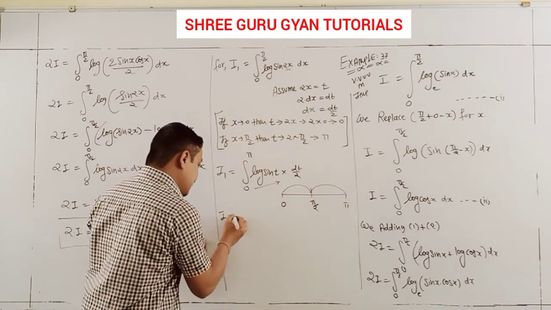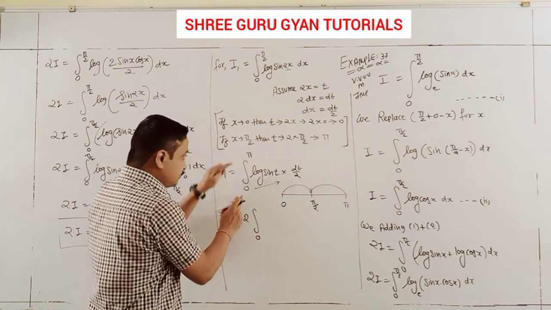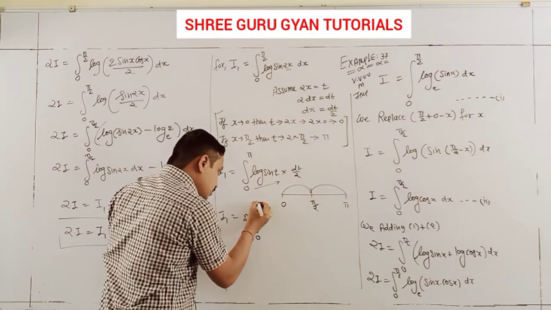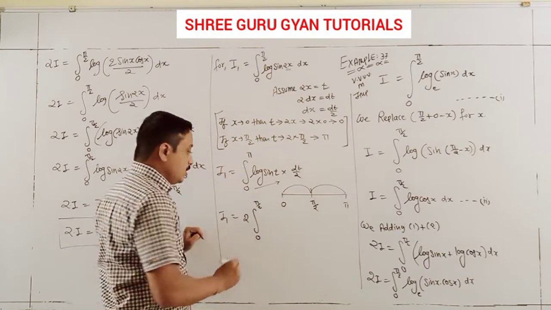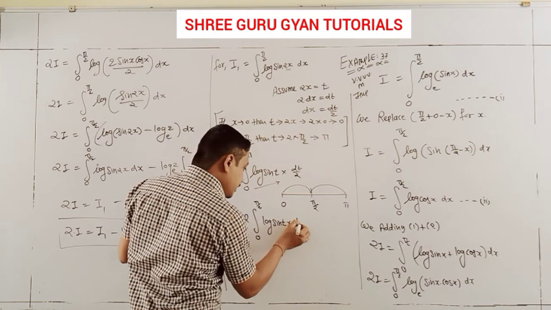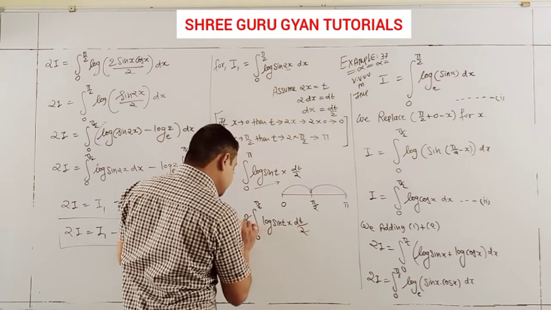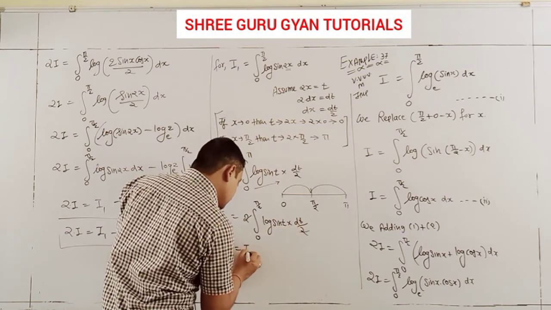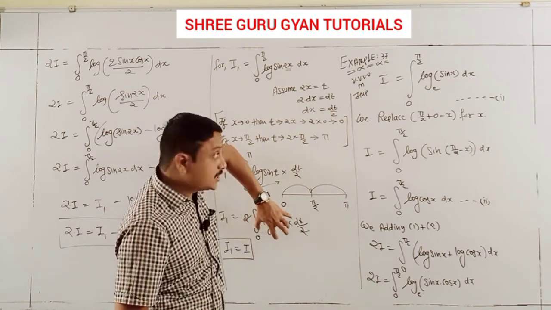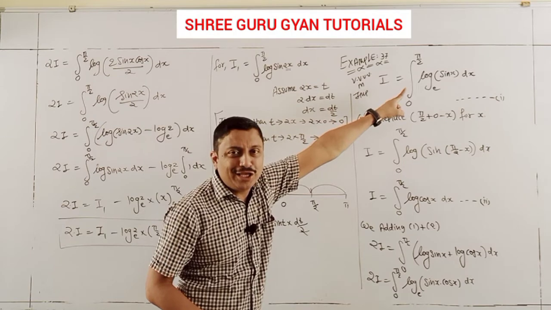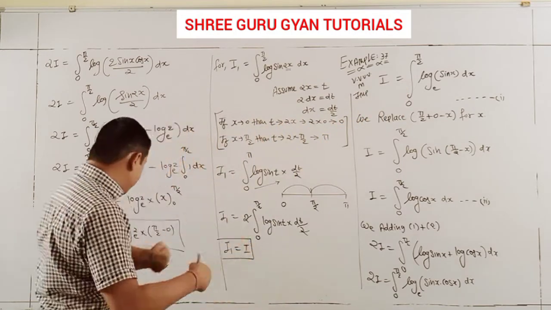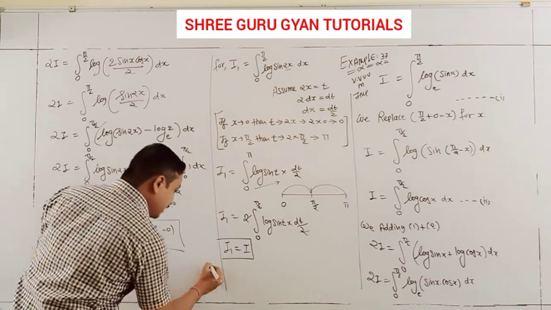So I write 2 times, 0 to pi dissolved in 2 parts, 0 to pi by 2, of log sin dt by 2. Actually students, this I1 is actually I. Check this, same as that, only that is dx and here dt. Now this I1, I apply here, and you can get your answer.